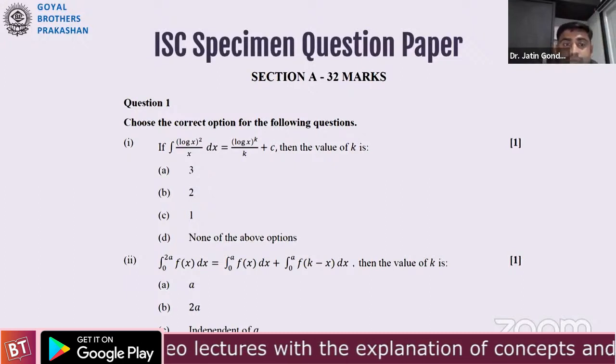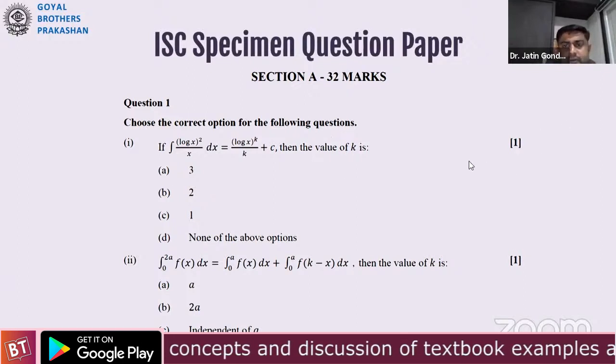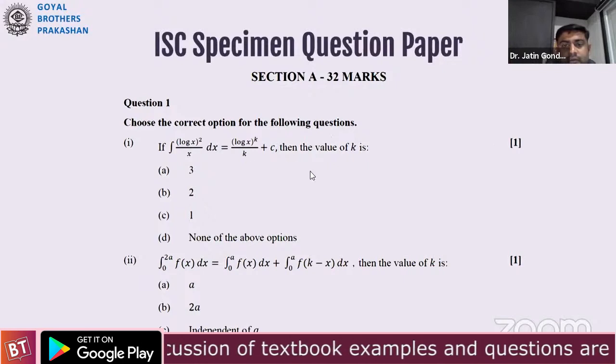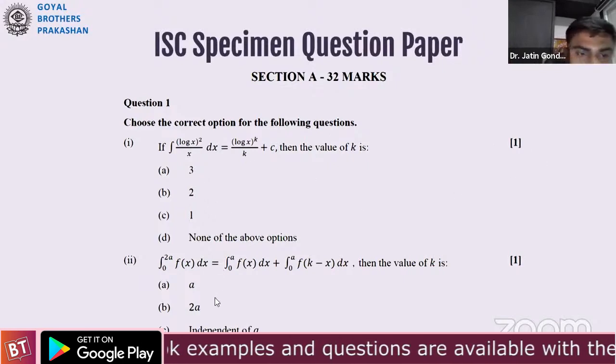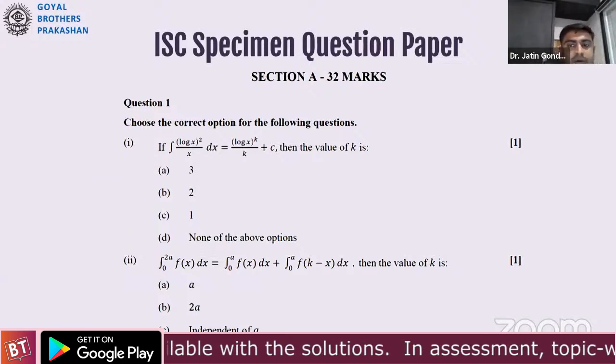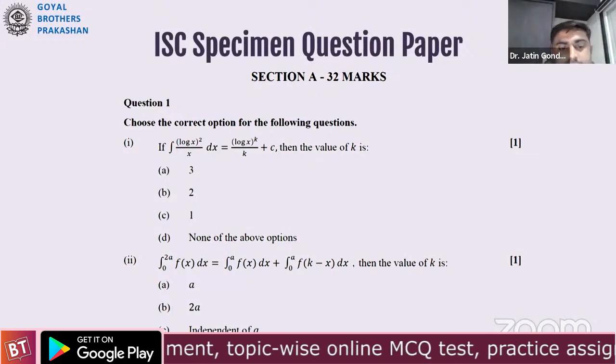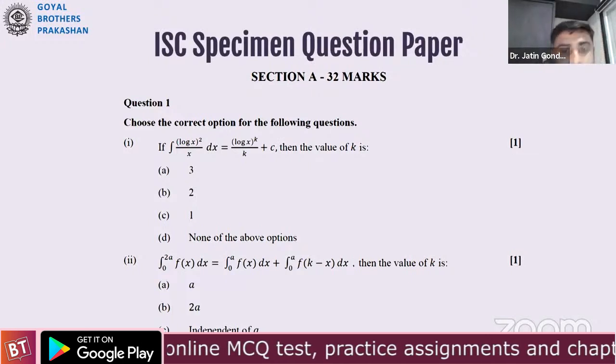In Section A, you can find 1 mark questions. It is not mandatory that under question 1, the first, second, third and fourth will be MCQ only.